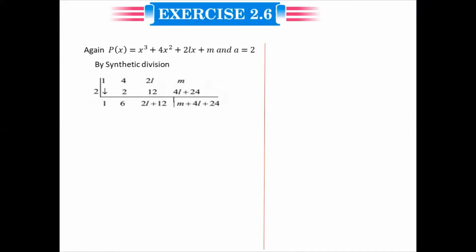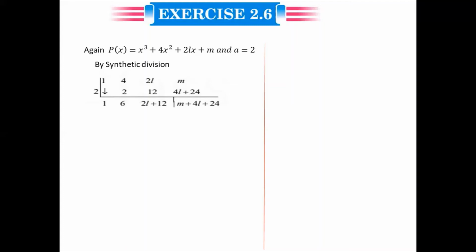When we multiply this 6 with 2 we have 12, and we write this 12 under 2l. When we add up these two numbers we have 2l plus 12. Again we multiply this 2l plus 12 with 2. When we multiply, we have 4l plus 24, and we write this 4l plus 24 under m. When we add up these numbers we have m plus 4l plus 24.